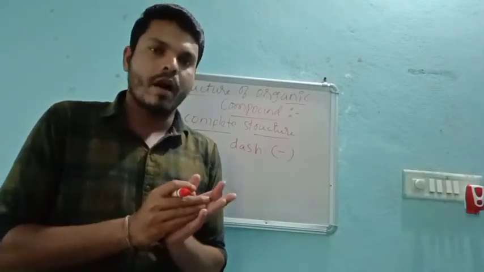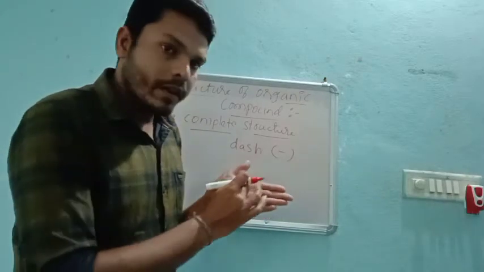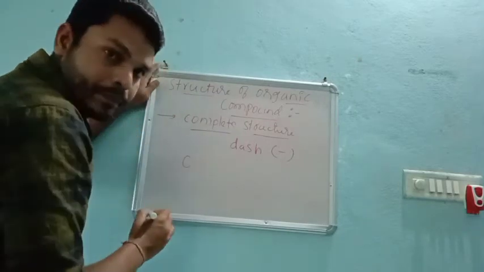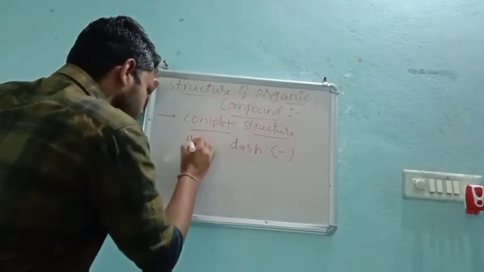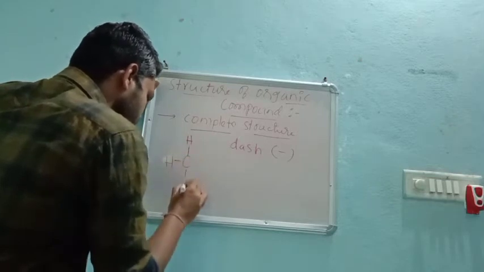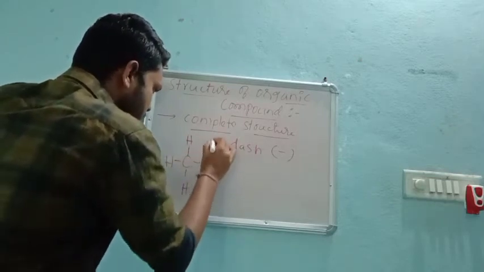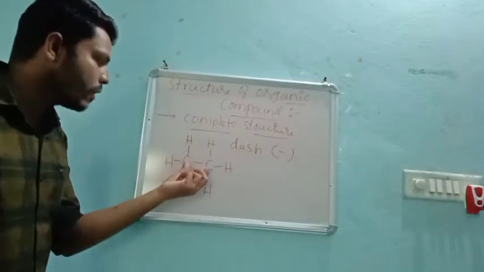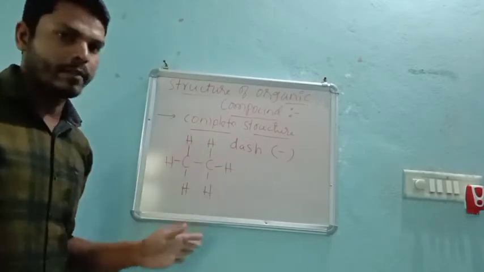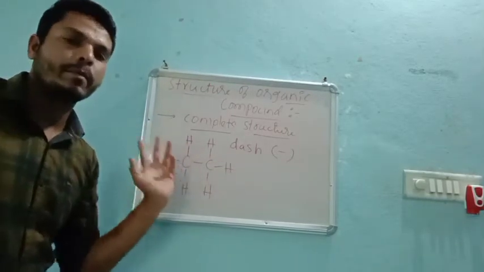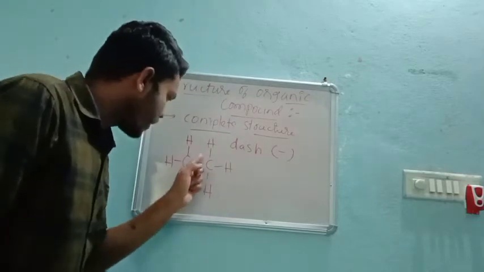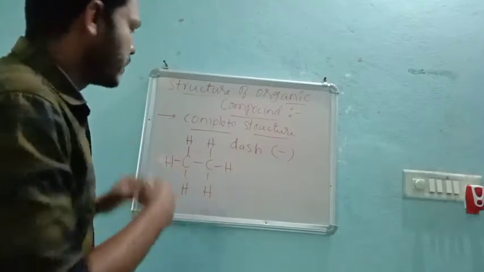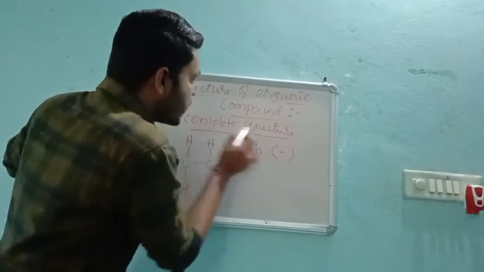In an organic compound, between 2 atoms, I will write one example: C, H, H, H, C, H, H, and H. What is the name? Of course, directly I can say now, ethane, because there are 2 carbon atoms. The prefix is eth, and in between carbon and carbon there is a single bond. So that's why we have to use 'ane'. So that means ethane.